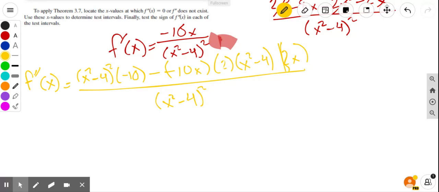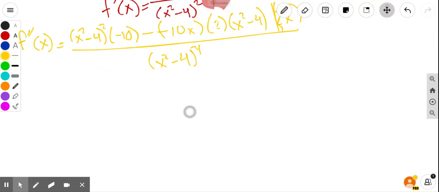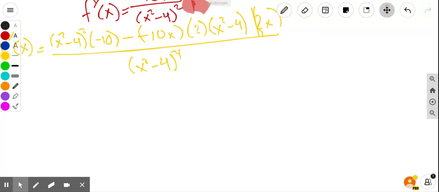I see that they both have an x squared. Oh, sorry, the denominator should be to the fourth, not squared. My apologies. I see I can pull out this from the numerator: x squared minus 4.